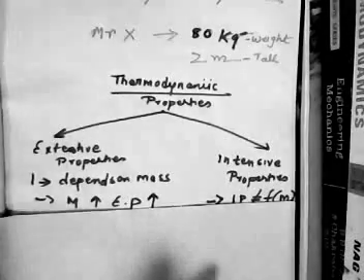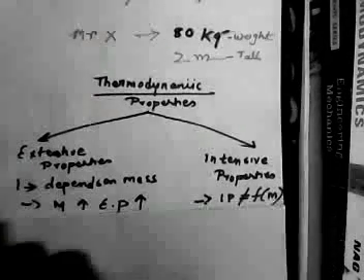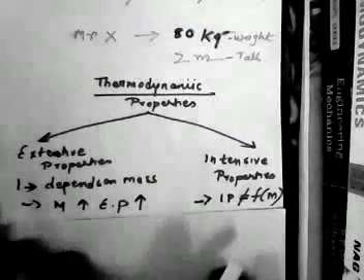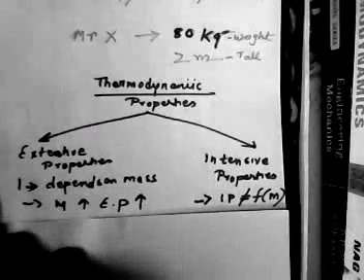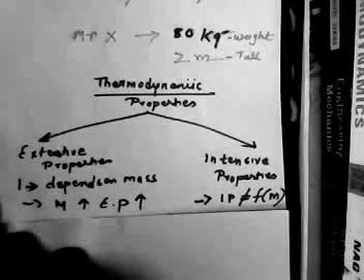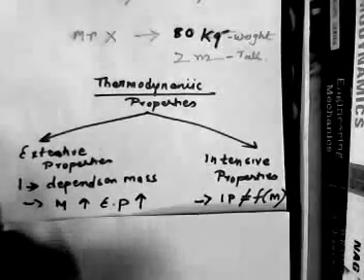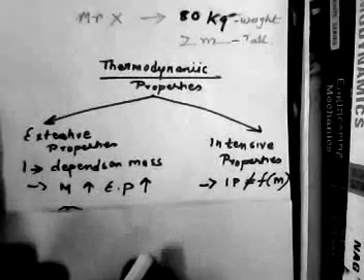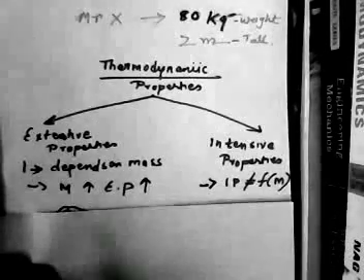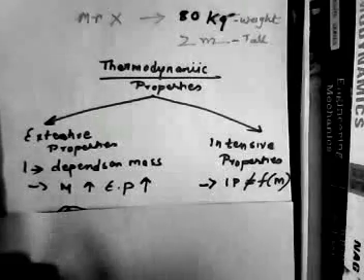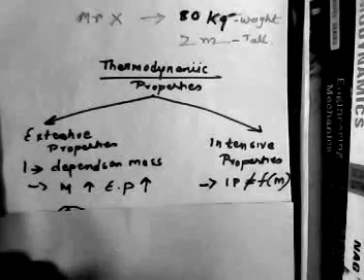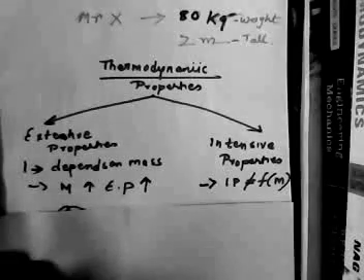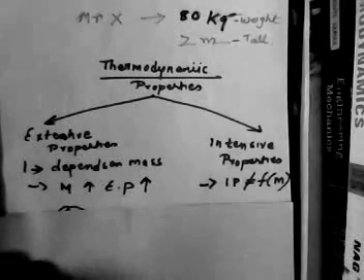Another very important thing is the intensive property. The intensive property does not depend upon the extent of the system or the mass. Examples of extensive properties are internal energy, volume, enthalpy. And for intensive properties, it will be pressure at a point, temperature at a point.